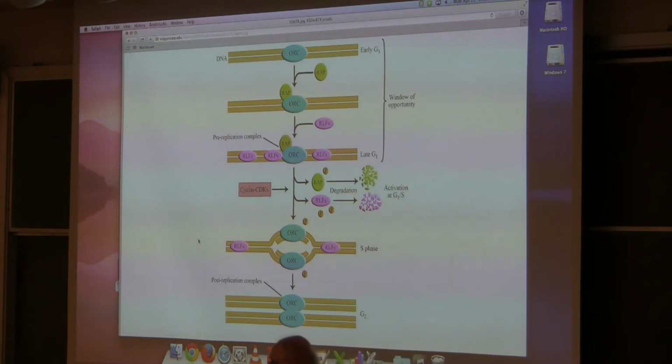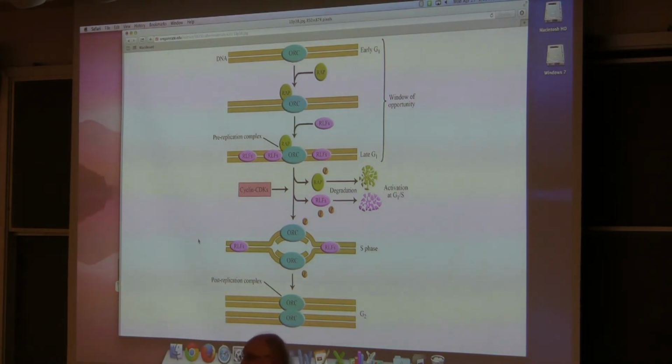That's not the case for eukaryotes. First of all, eukaryotic chromosomes are very long. Hundreds of times longer, thousands of times longer than that one circular DNA. Consequently, eukaryotic chromosomes have multiple replication origins. They don't have one. They have multiple.